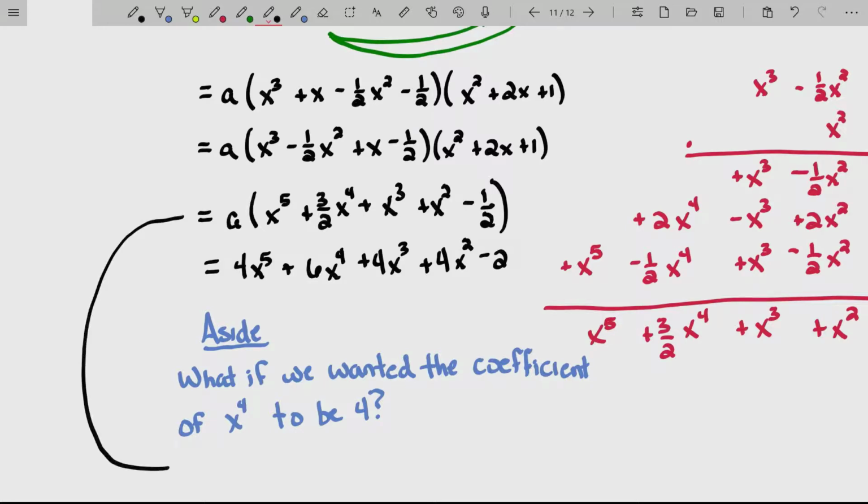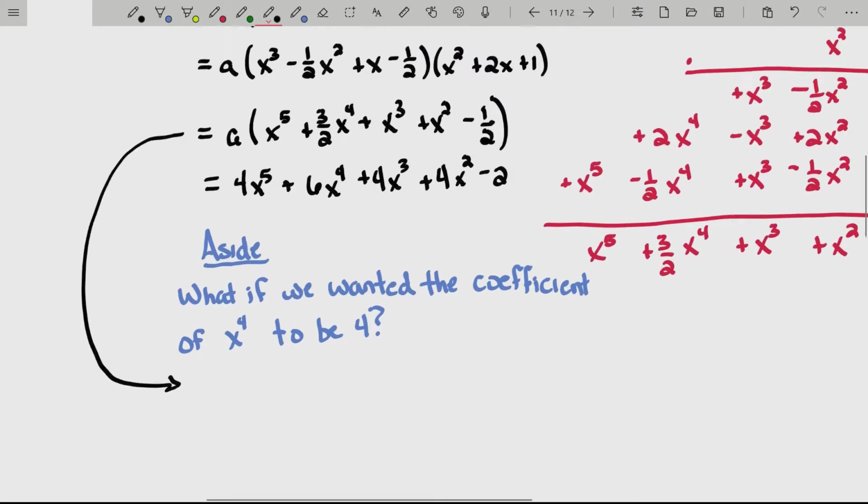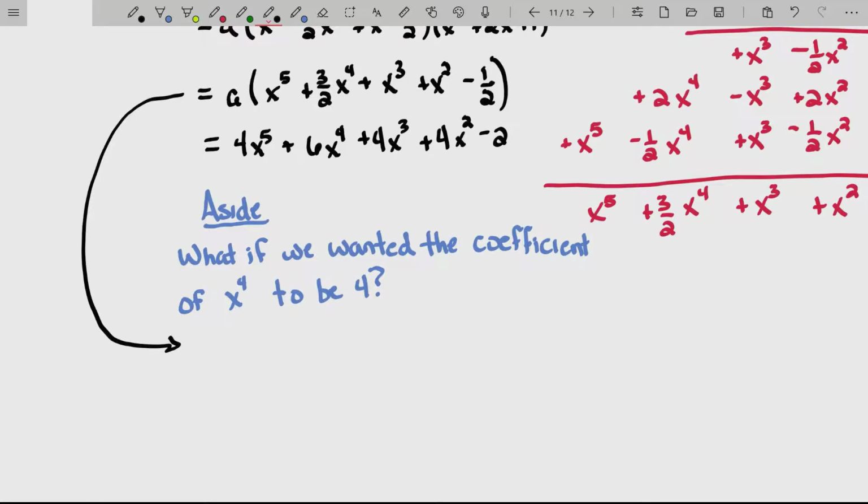Okay, that's done. But if you wanted not the leading coefficient to be 4, but the coefficient of x to the fourth to be 4, then you need a times 3/2 to be 4. Simple problem, just multiply both sides by 2, and divide by 3.